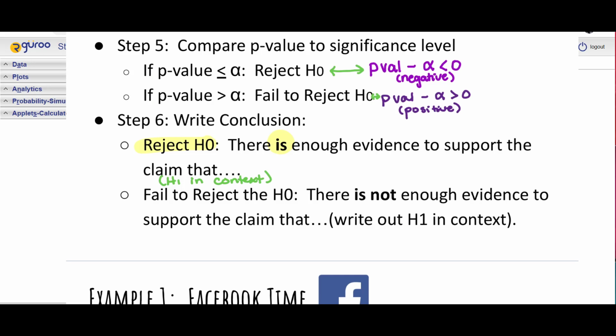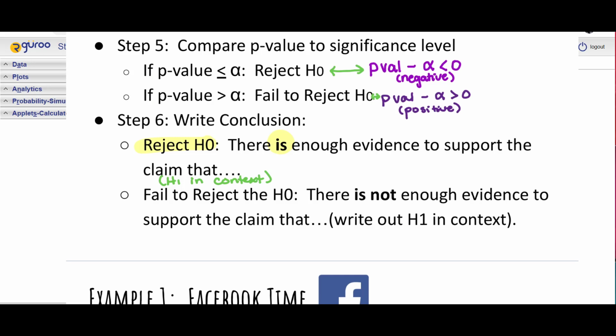Let's say H1 is that the mean is greater than 20. You can't just say there's enough evidence to support that the mean is greater than 20. You need to put it in context. Let's say the cereal problem we did in a previous video. There is enough evidence to support the claim that the mean cereal weight is greater than 20 ounces. So you have to put it in context. That's very important.